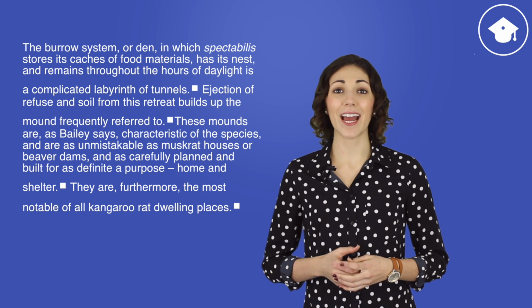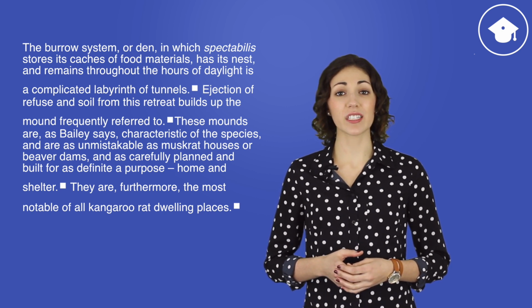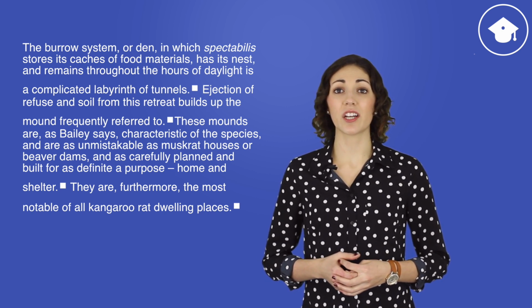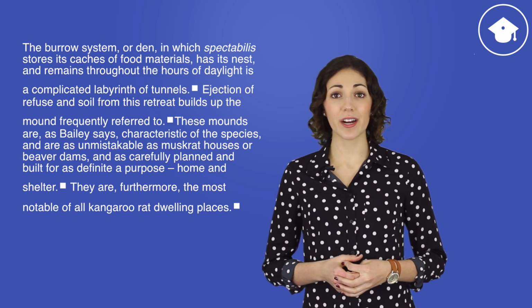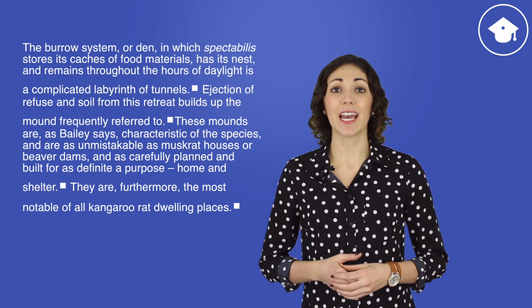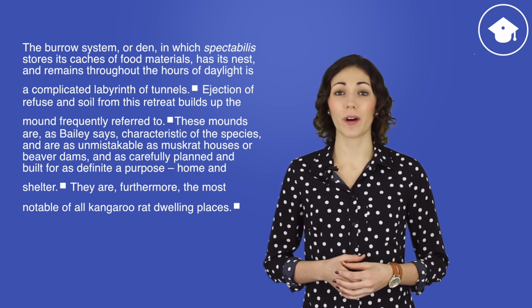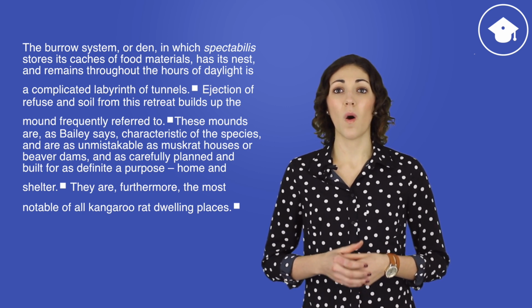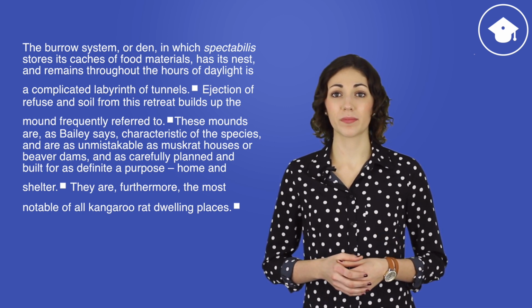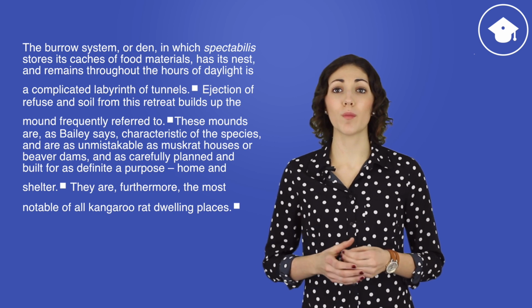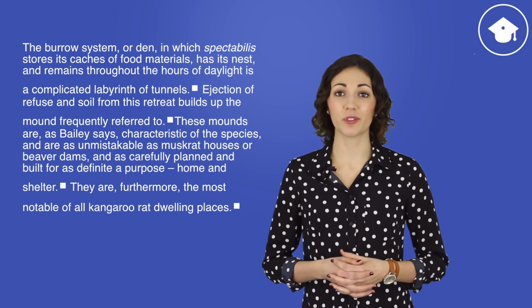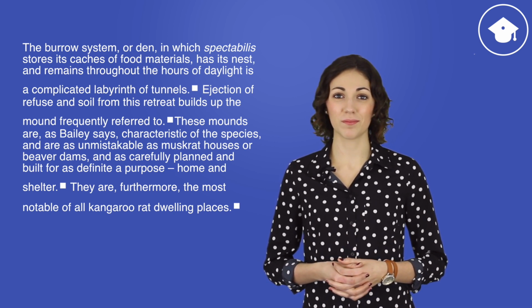These mounds are, as Bailey says, characteristic of the species, and are as unmistakable as muskrat houses or beaver dams, and as carefully planned and built for as a definite purpose, home and shelter. They are, furthermore, the most notable of all kangaroo rat dwelling places.